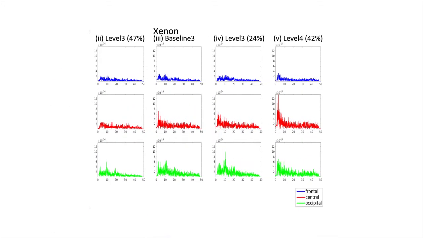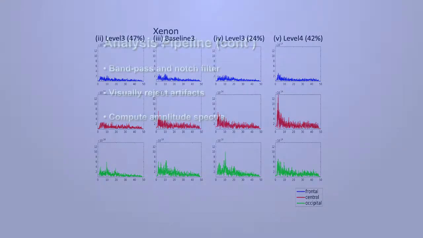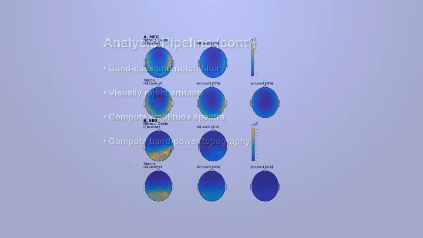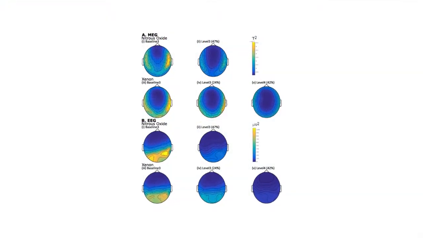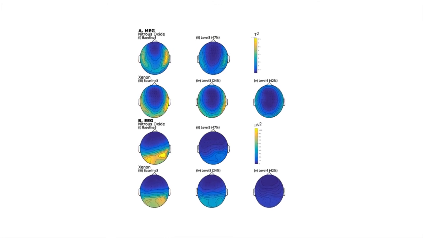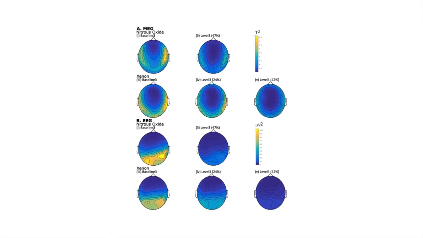Visualization of the amplitude spectra at different sensor locations facilitates observation of the effects of different anesthetic levels on signal spectra. Visualization of sensor-level power topography in different frequency bands, in this case the alpha band, enables the observation of the effects of different anesthetic levels on the spatial pattern of activity.